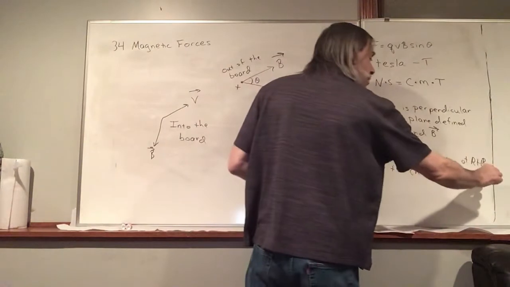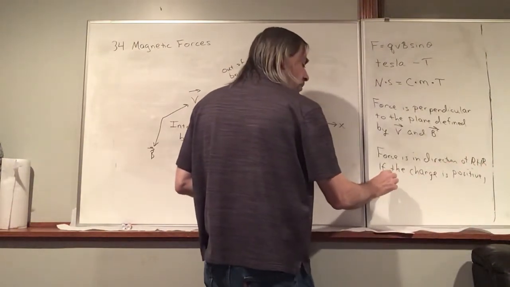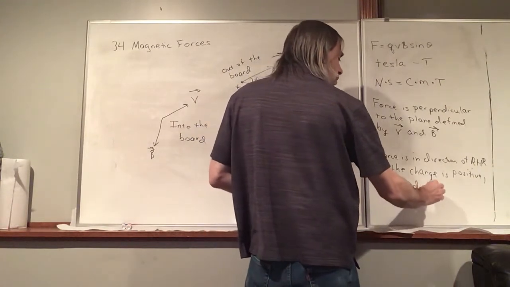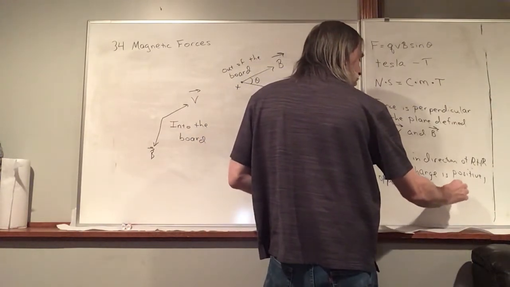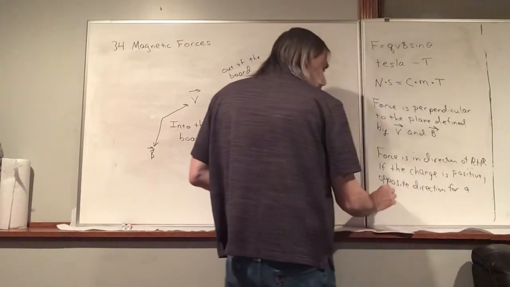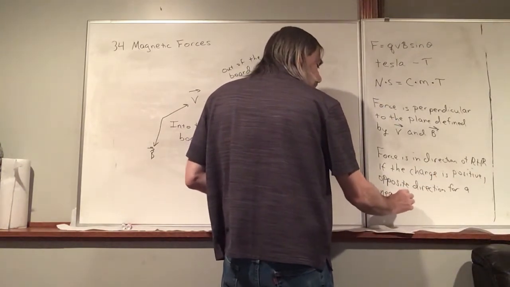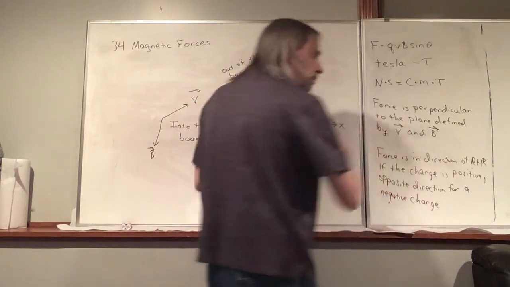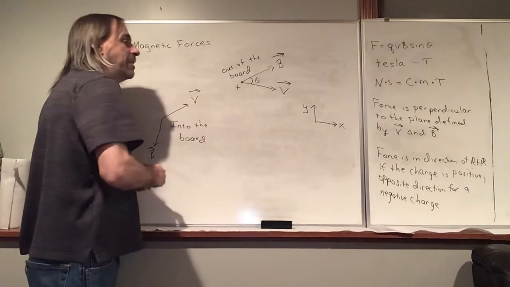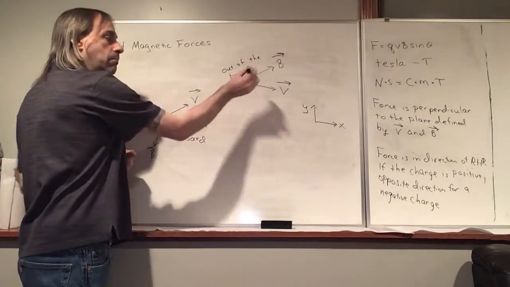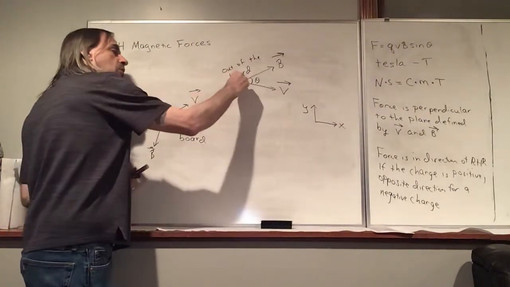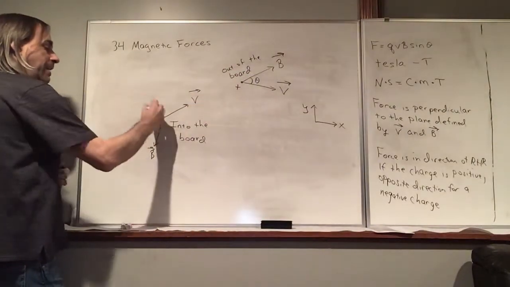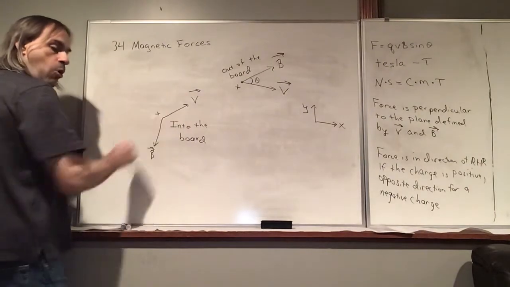So opposite direction for a negative charge. Okay, so yeah, like if this is a positive charge, the force would be out. If it was a negative charge, the force would be into the board. Here, if this was a positive charge, the force would be into the board.